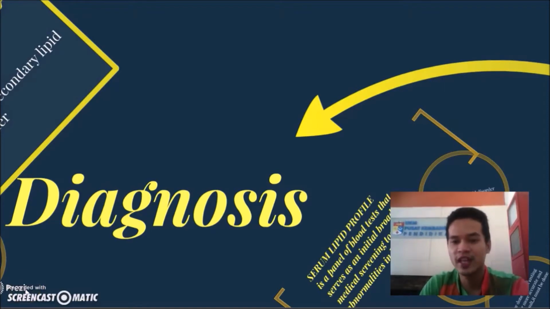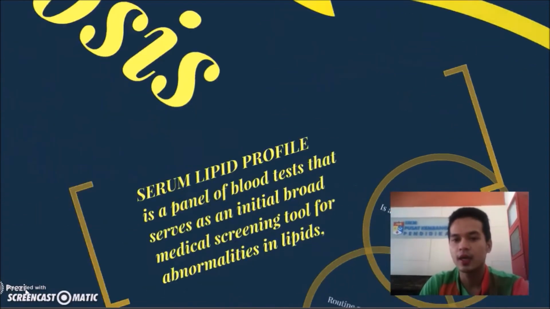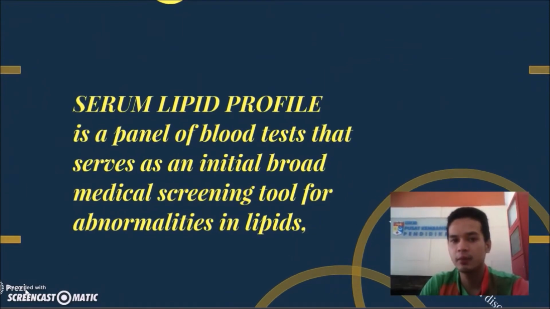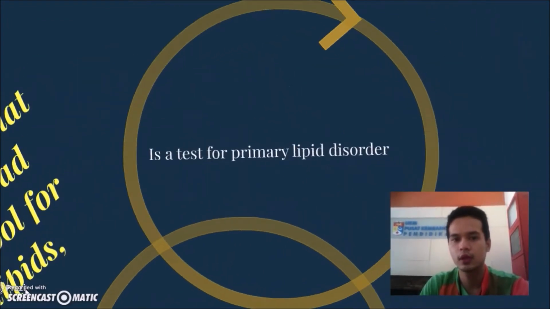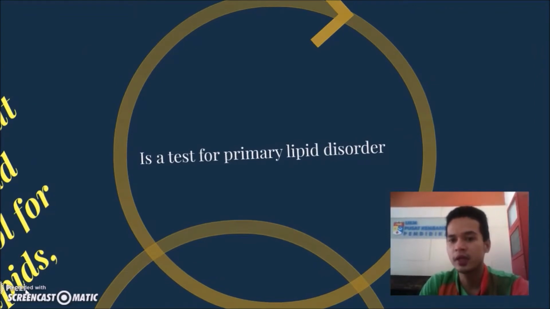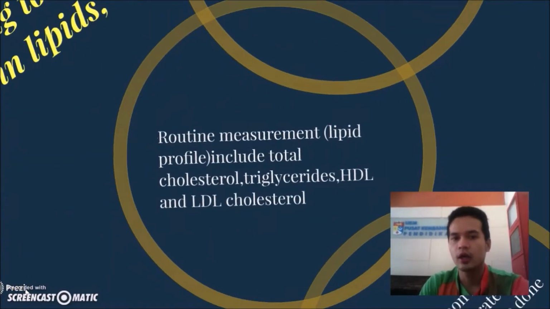Now I proceed with the diagnosis for dyslipidemia. Firstly, serum lipid profile is a panel of blood tests that serve as an initial broad medical screening tool for abnormalities in lipid. It's a test for the primary lipid disorder. Routine measurement of lipid profiles includes total cholesterol, triglyceride, HDL, and LDL cholesterol.